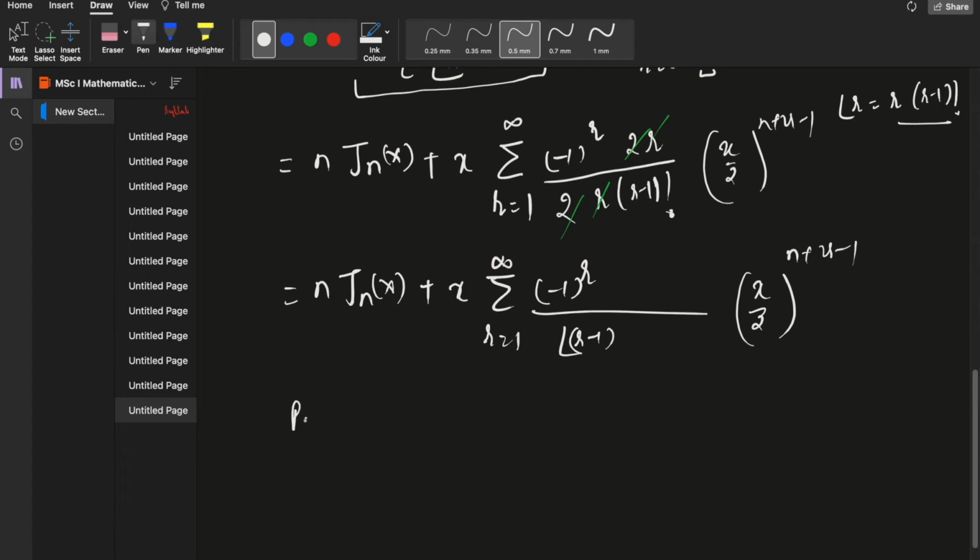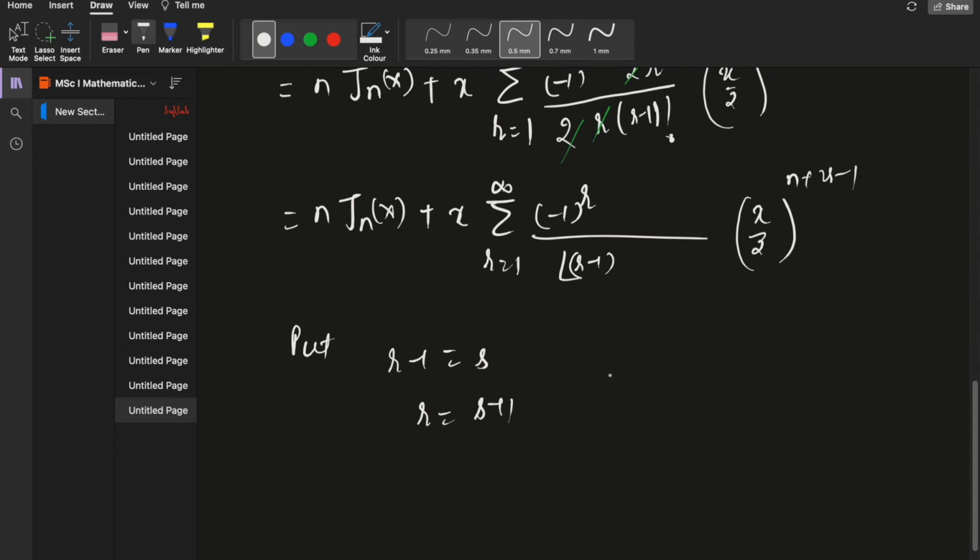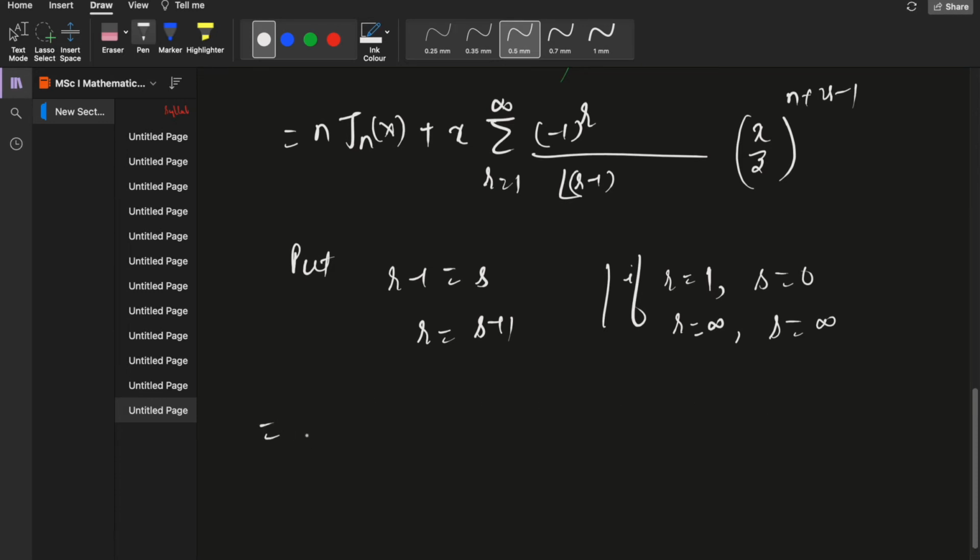Just substitute, put r minus 1 as s. So r will give me s plus 1. If r is 1, s is 0. If r is infinity, s will also be infinity. So just substitute this in the upper equation.